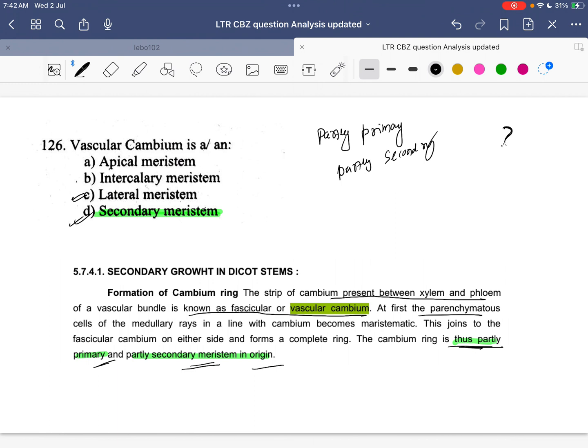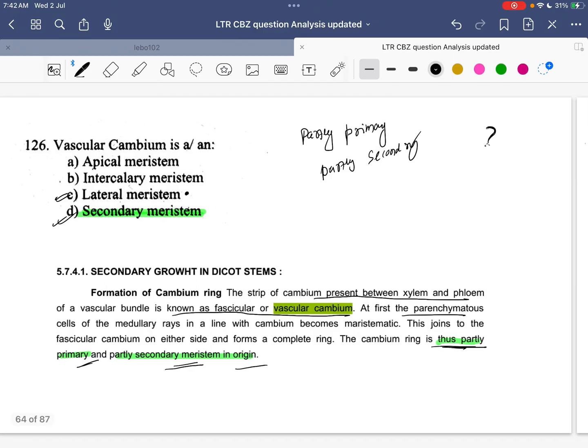Let's see what the answer is given. The OSSC has given the answer as lateral meristem. I am thinking it is a secondary meristem, as primary meristem is not mentioned directly here. But let's see what answer is given. If you have any proper reference, please give me.